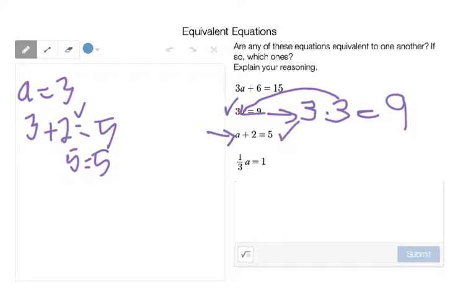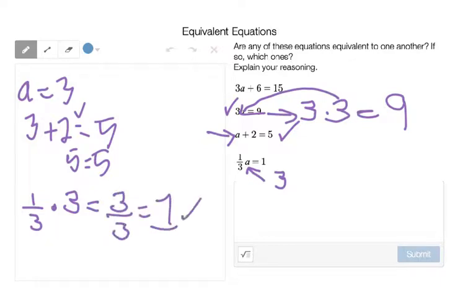Let me try the other ones. If I take a and put in 3, then 1/3 times 3 is equal to 3/3, which is equal to 1. Absolutely, that works too. Let's do the last one, 3a plus 6 is equal to 15.